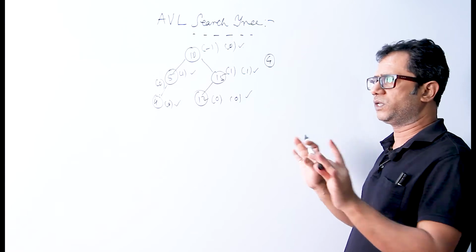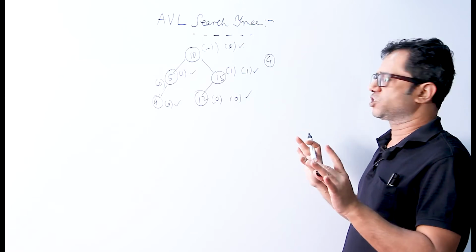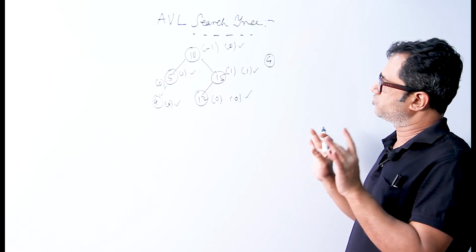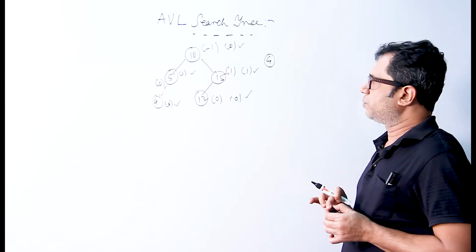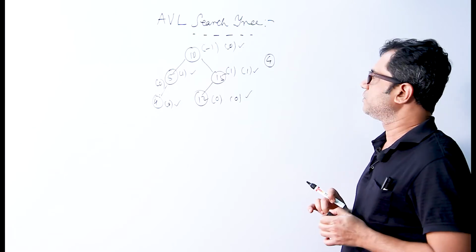In this case, no operations need to be performed on this AVL search tree if, after the insertion, all the values conform to the permissible values of AVL search trees.